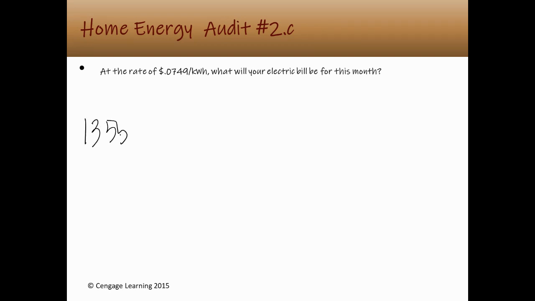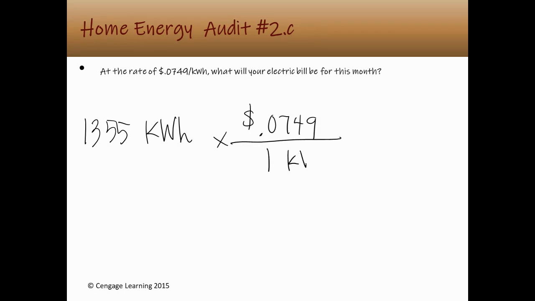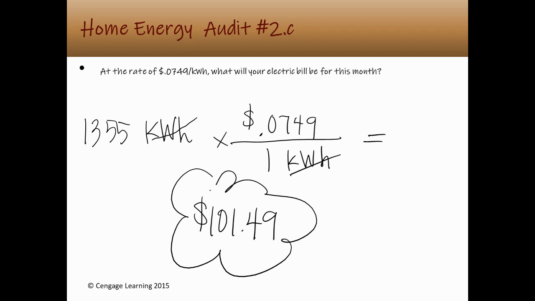So 1,355 kilowatt hours. And all you're going to do, knowing how much a kilowatt hour costs, it's 0.0749 per 1 kilowatt hour. These cancel, multiply it together. It's going to be $101.49 is going to be your electric bill for that month.